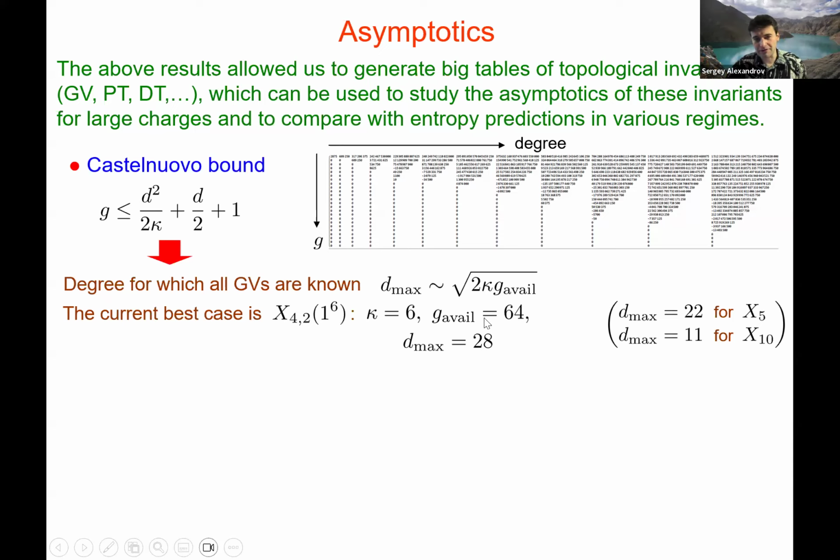So kappa equals 6, and this G available is 64, so we can go up to degree 28. For the quintic and the decantic they are less because the intersection numbers are less.